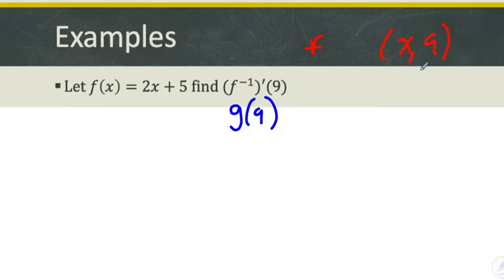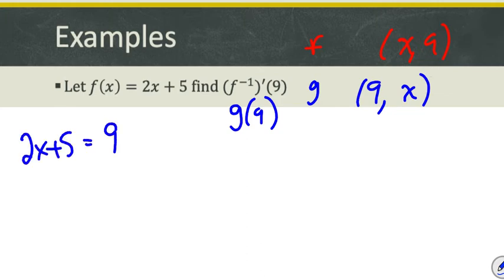That means that g will have the point 9, something. Because they're inverses. So I'm going to start off by taking this and setting it equal to 9. So 2x equals 4, therefore x equals 2.